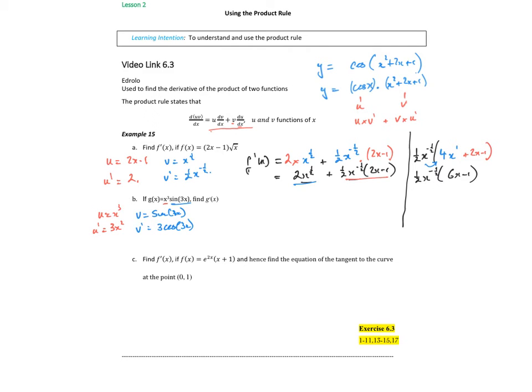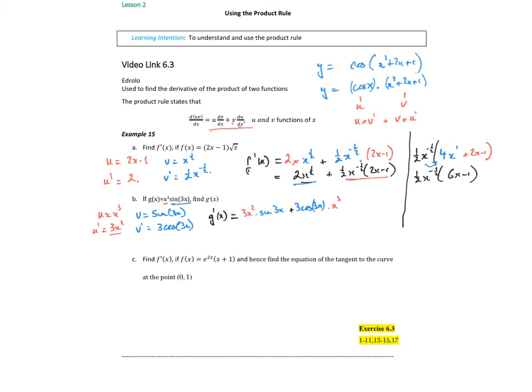Now g dashed of x is equal to the derivative of the first, which is 3x squared, times the second function, plus the derivative of the second function times the first function.